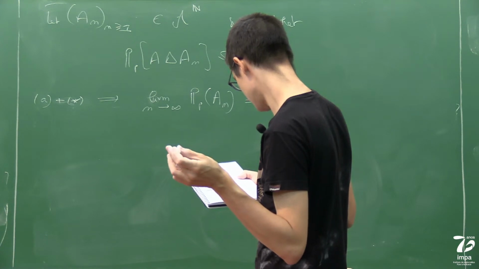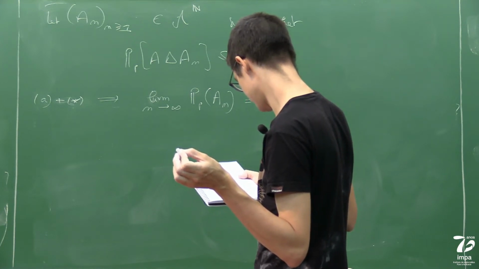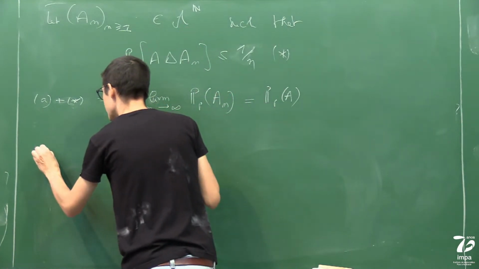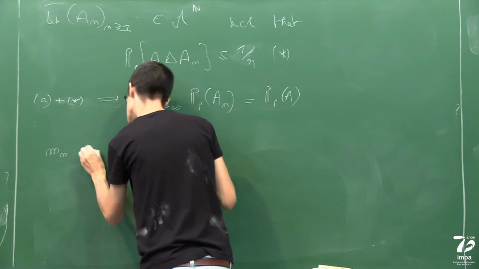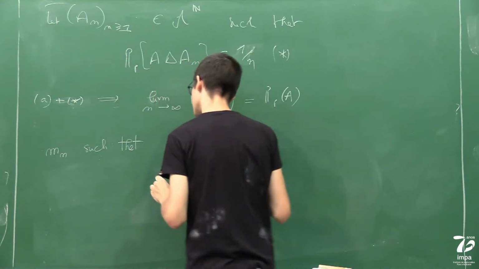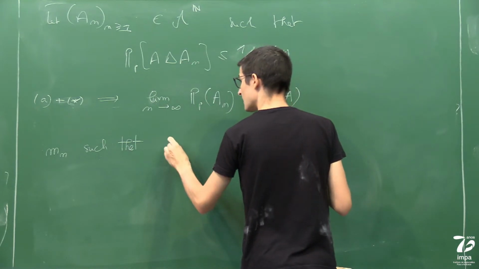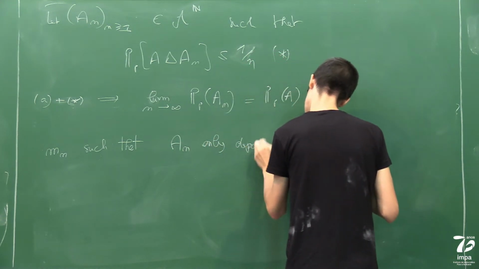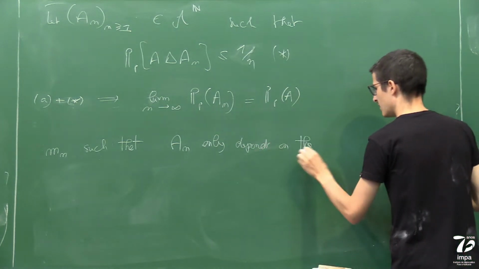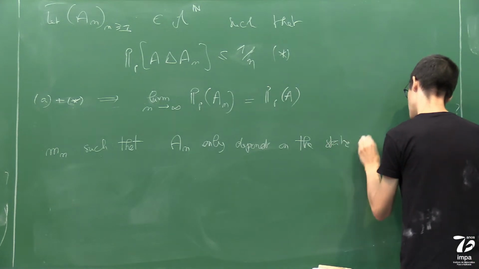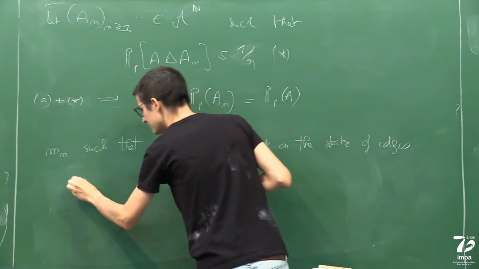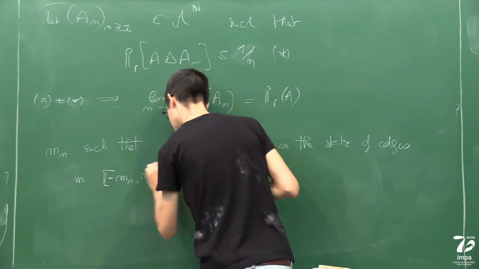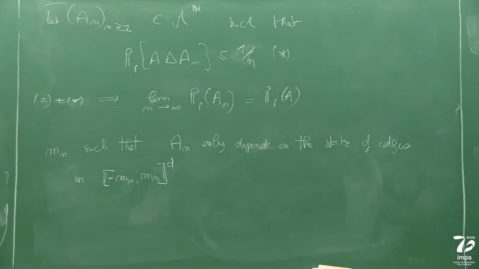Now what should I do? Now I'm going to choose M_n such that A_n only depends on the state of edges in the box [-M_n, M_n]^d.